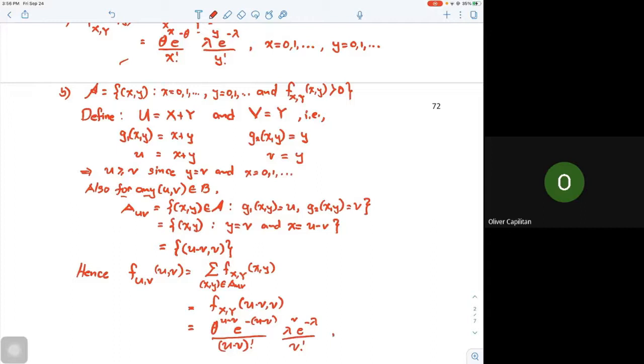The v here would be equal to 0, 1, and so on and so forth, but our u would start from v, then v plus 1, and so on and so forth.